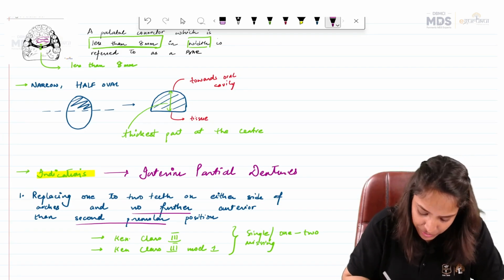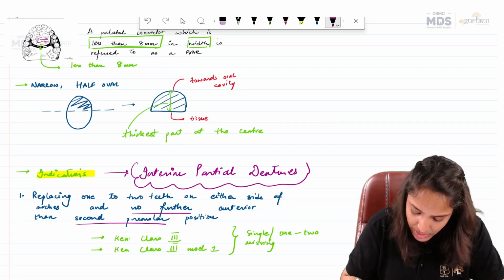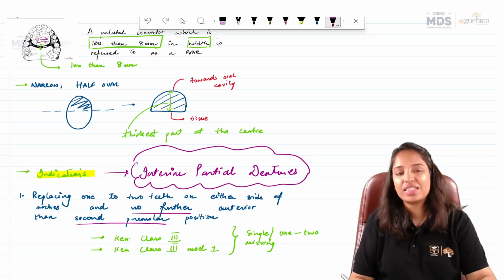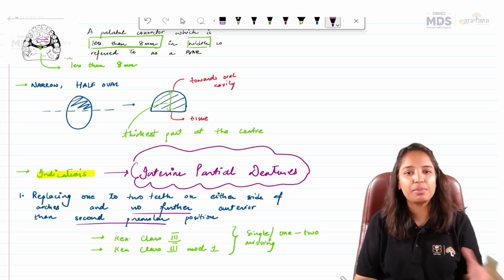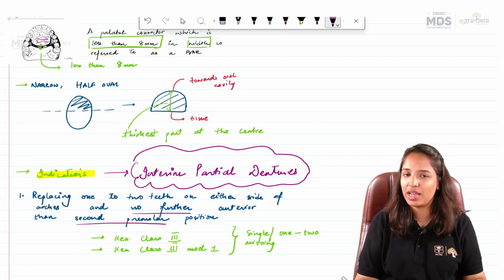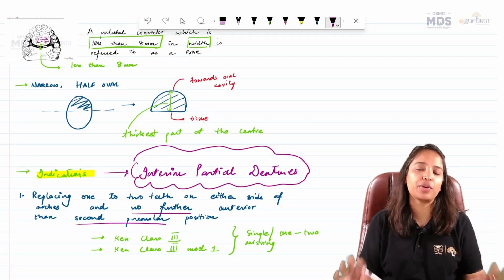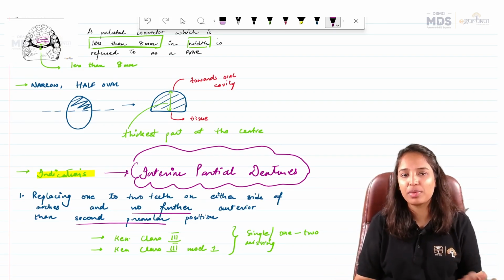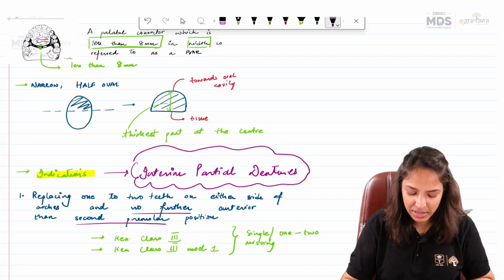That is one of the indications of your single palatal bar. Interim partial dentures of replacing 1 to 2 teeth on either side of the arch. That is a single straightforward line that one needs to remember from single palatal bar.